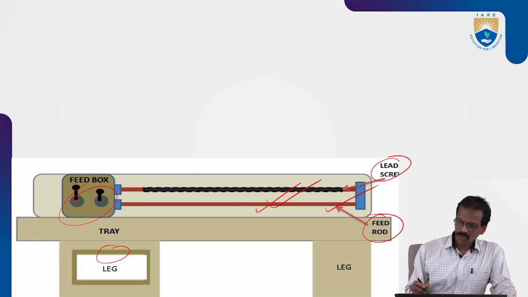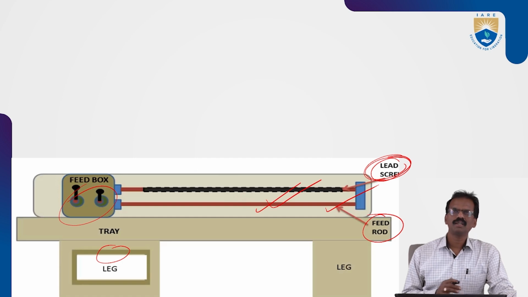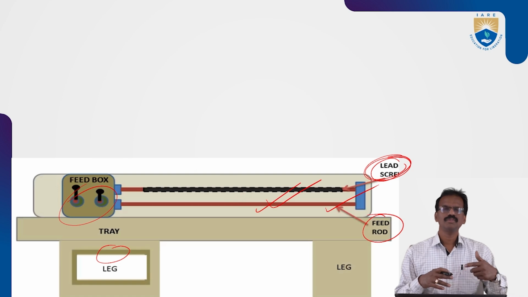And next, lead screw. Lead screw is very important. It is mainly used for thread cutting operations. Because the carriage has a nut that is connected to the lead screw, when it is connected, the carriage moves automatically, coinciding with the spindle rotations.